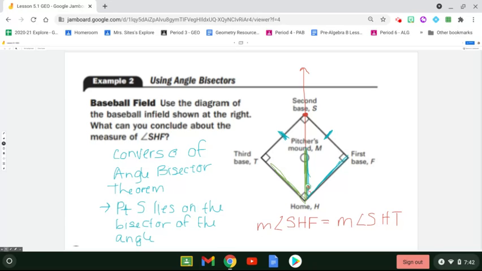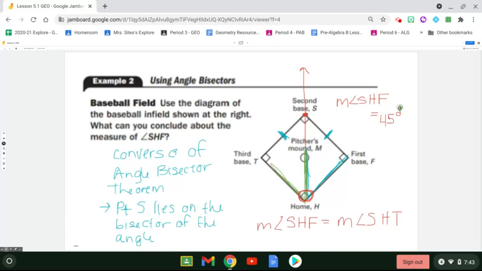If they both have to add up to 90 degrees, what's 90 divided by 2? 45. So they both have to be equal to 45 degrees. So the measurement of angle SHF has to equal 45 degrees.